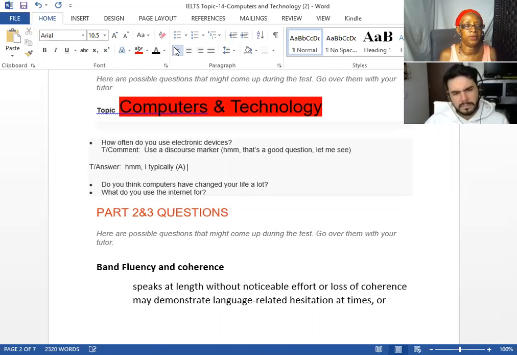I typically use my electronic devices about twice a week. Okay, that's one sentence. You need probably 2 or 3 sentences. You don't need 4 because it's a quick response. I typically use my electronic devices about twice a week.